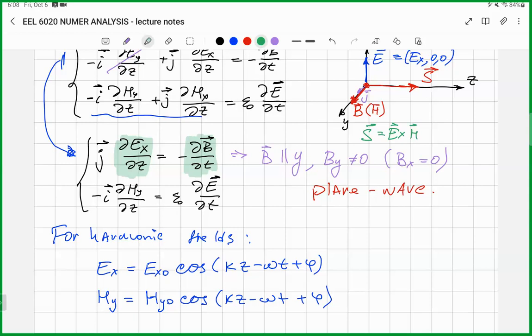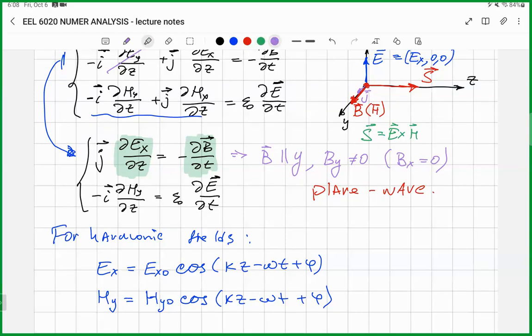The time derivative of any field describes how the field changes from one instant to another. So this change of the magnetic field in time causes a change of the electric field in space, which means change of the field from one point to another very close point in space.